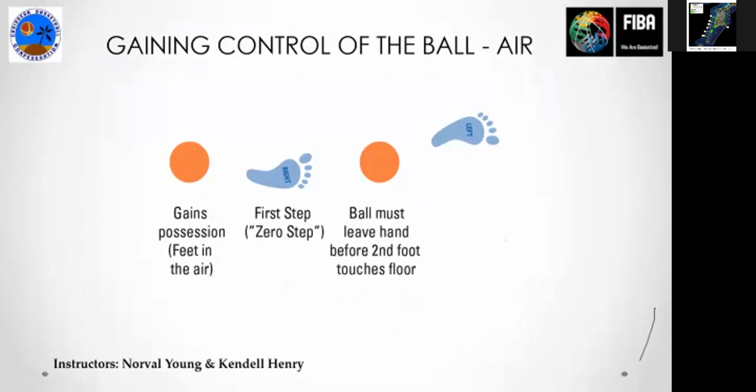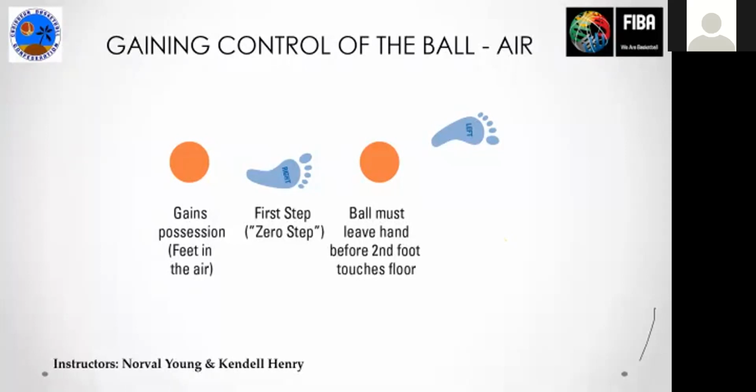Now, as it says here, gains possession, both feet in the air. Once he lands, the first step is a 0, whether both feet or one foot. In this case, it's one foot. Now the ball must leave the hand before the second foot touches the floor.